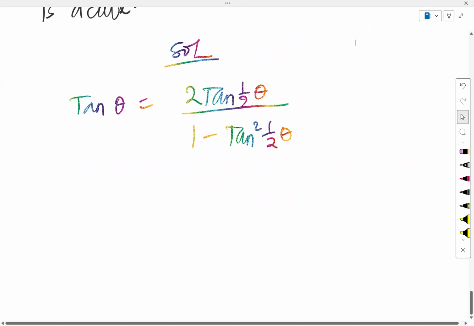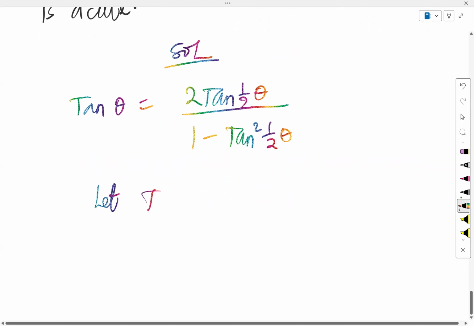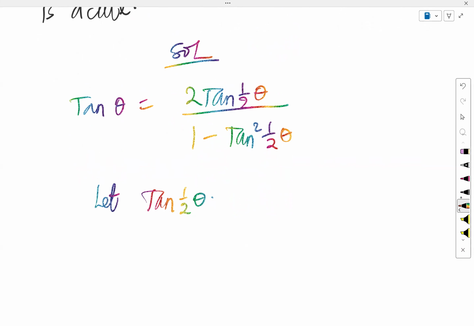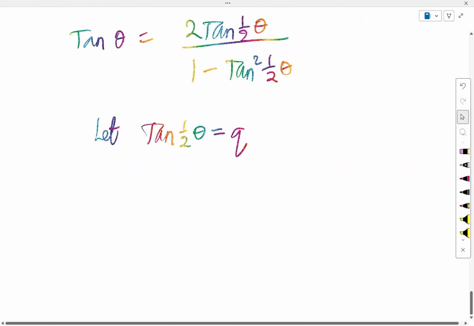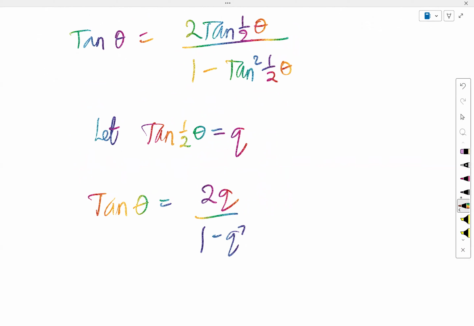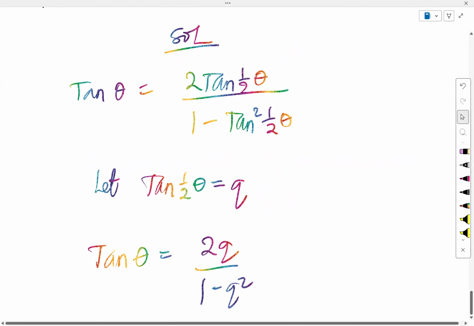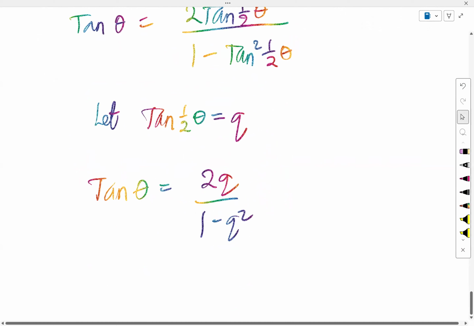So let tan half theta be equal to, it doesn't have to be t, it can be anything. Let's call it q this time around. So if it is q, that means that tan theta itself is 2q all over 1 minus q squared. So once we find q, we have found tan half theta.